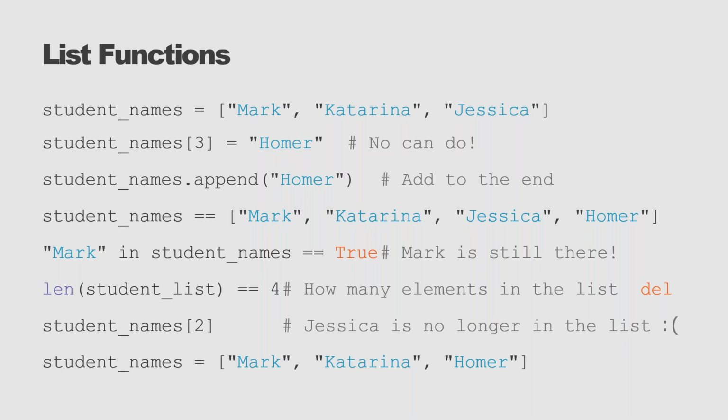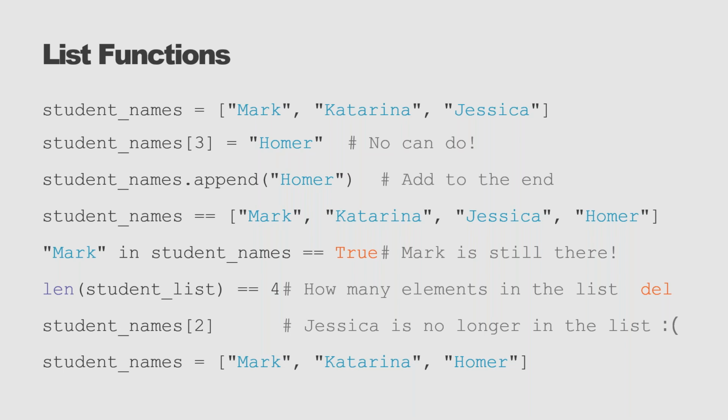So there is one list: Mark, Katrina, Jessica, and if you want to add a new element, 0 is Mark, 1 is Katrina, 2 is Jessica. If you want to add a new element, Homer, at index 4, that way you cannot add it.